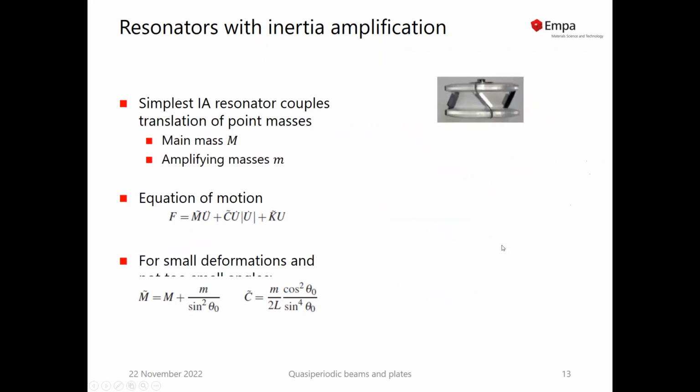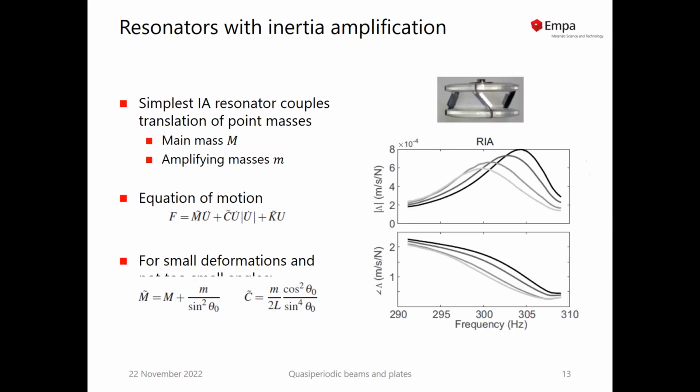So this results in the end, whether it's a translational inertia amplification or a rotational one, the one that I showed before, in an amplitude-dependent resonance curve. If we excite at low amplitudes, we get a black curve. If we increase the amplitude of excitation, the eigenfrequency shifts to the left due to increased damping, and we see that the resonance peak gets broader, gets wider, which is also a sign of this increased damping term.